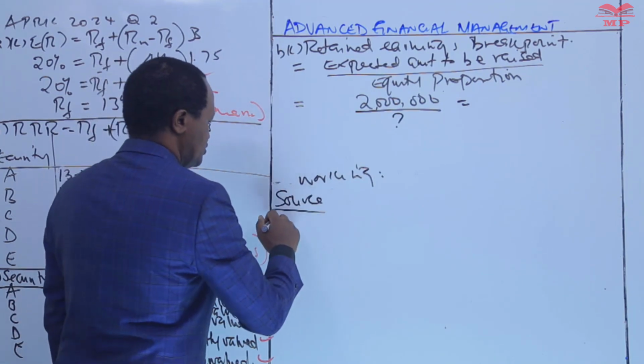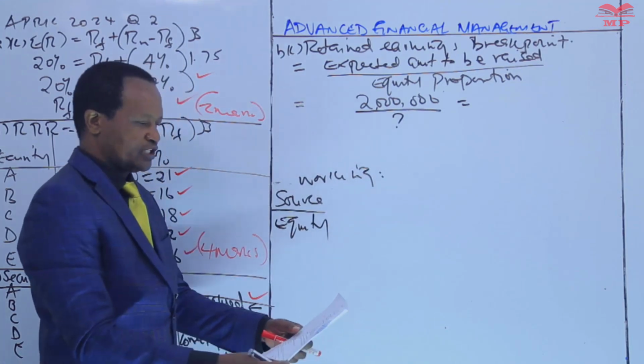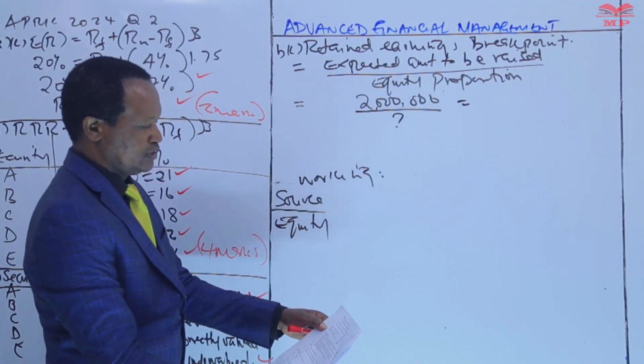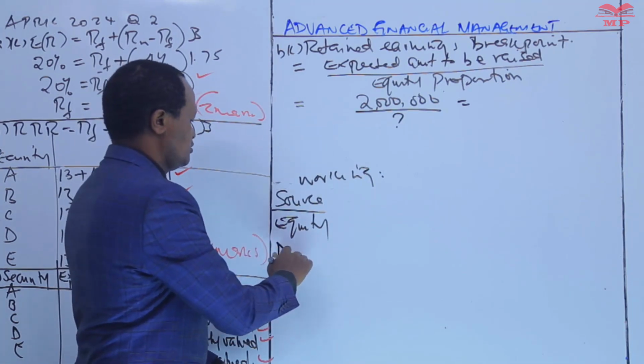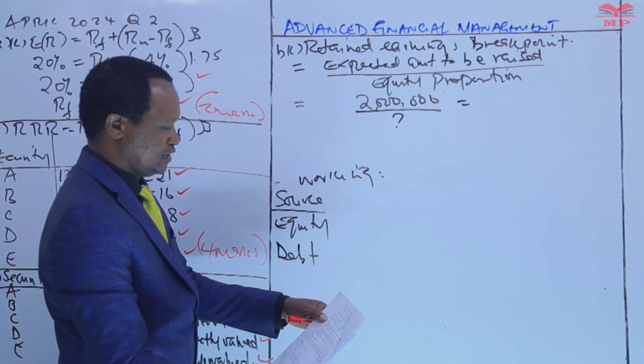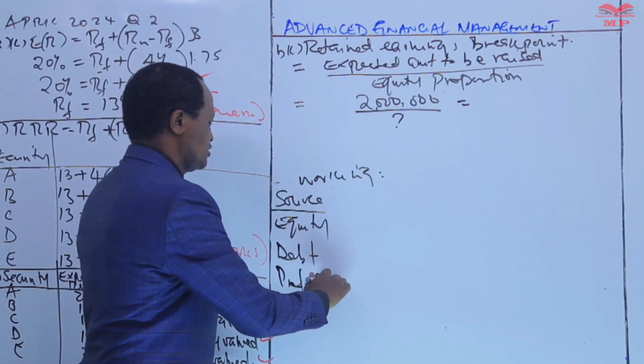The first source here is equity. From the capital structure, equity is a source, then there is debt, a source of capital. We have 10% preference shares, preference shares.